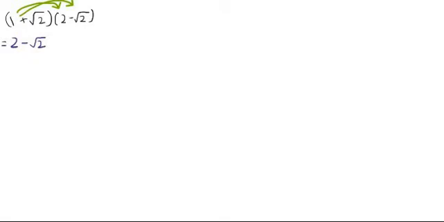Then we have root 2 times 2 to give you plus 2 root 2. Then you'll have root 2 times minus root 2, which will actually give you root 4, but root 4 can be simplified to 2, so it'll just be minus 4 here. Sorry, minus 2 here.